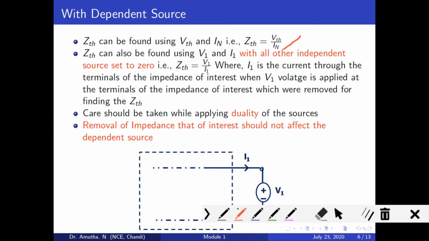In case of another method, instead of finding V Thevenin and IN, we can insert a new voltage across the point of interest. Across a point of interest, we can apply not only a voltage but also a current source, at the particular node of interest, and then we can calculate the Z Thevenin. This we can see from the next slide.